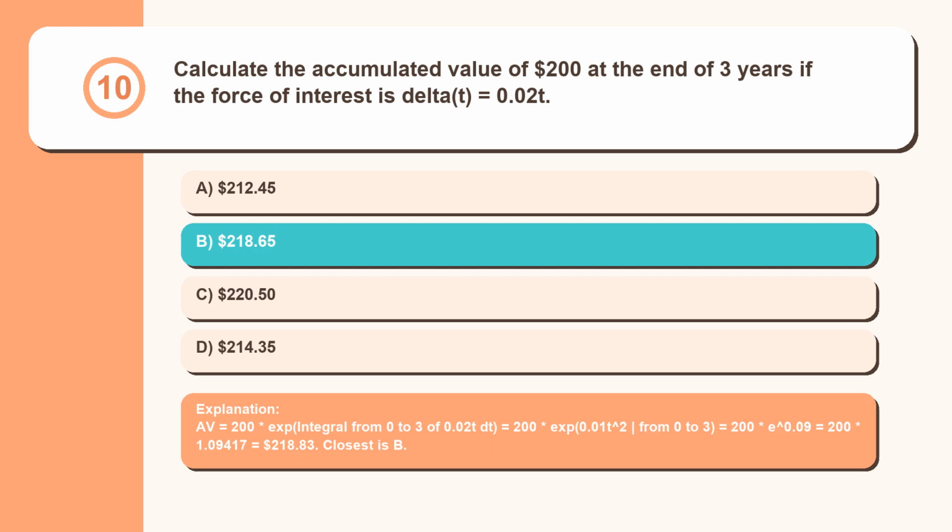AV equals 200 exp of the integral from 0 to 3 of 0.02t dt, equals 200 exp(0.01t^2) from 0 to 3, equals 200 e^0.09 equals 200 times 1.09417 equals $218.83. Closest is B.